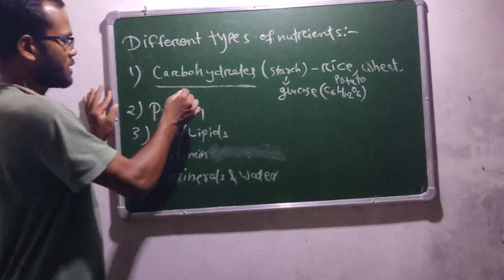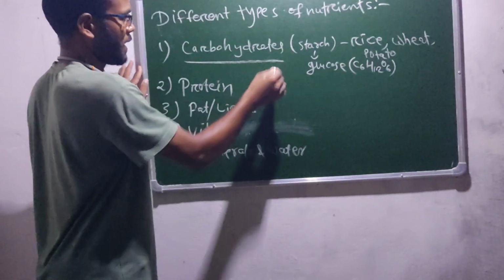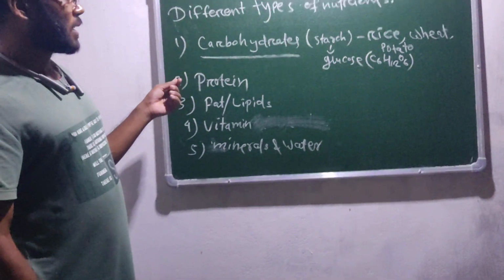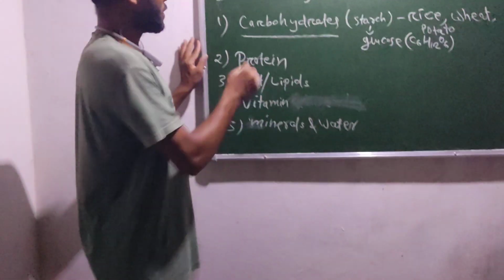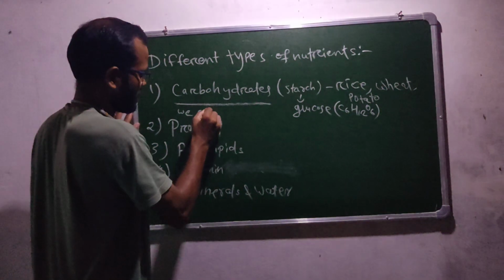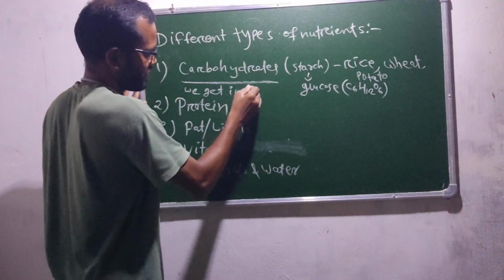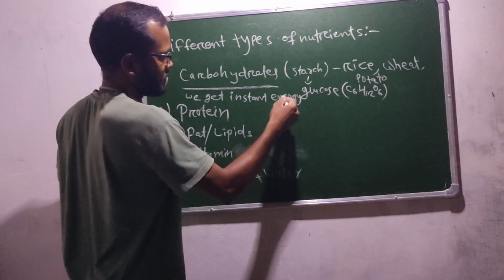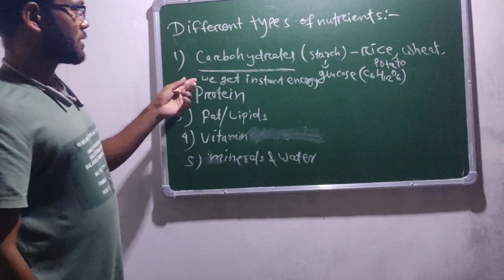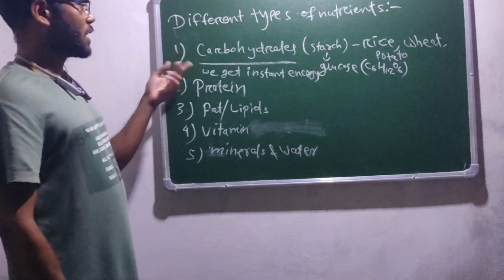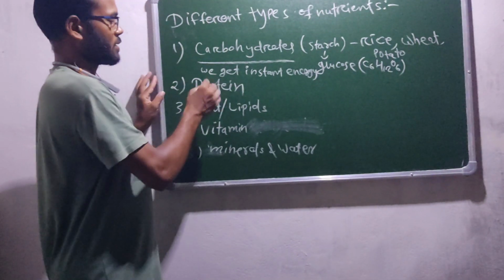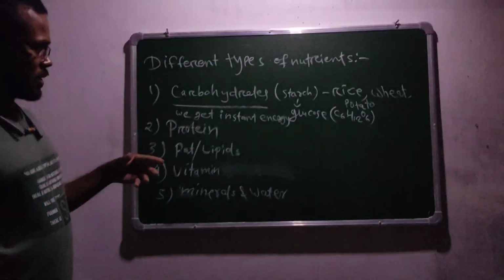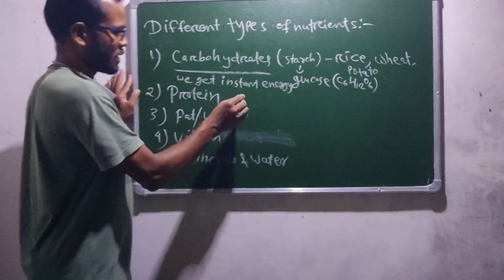Carbohydrate helps our sleep cycle. We also get instant energy from carbohydrate. That's why athletes take carbohydrate for their body support.